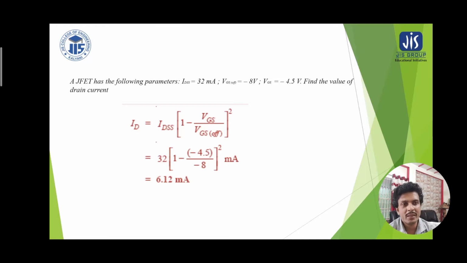So from the numerical data we can decide what is the type of the JFET, though it has not been stated explicitly in the problem. And thereafter it has been asked to find the value of drain current. So we can find out the value of drain current from the equation we already have seen, ID equal to IDSS into 1 minus VGS by VGS off whole square. So this drain current is equal to 6.12 milliampere.